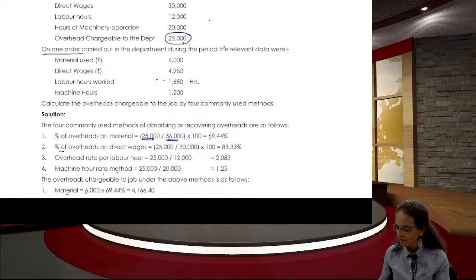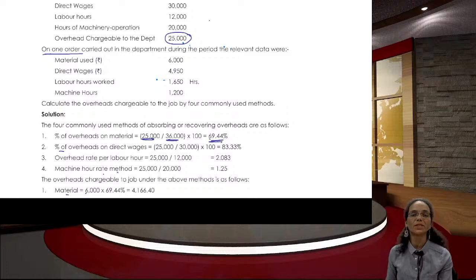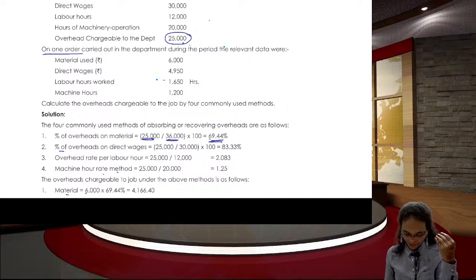So I can say 25,000 divided by 36,000 into 100 is nothing but 69.44 percentage. So if I am recovering the overheads on the basis of the direct material, I need to recover 69.44 percentage of the material as overheads. So this is one thing.